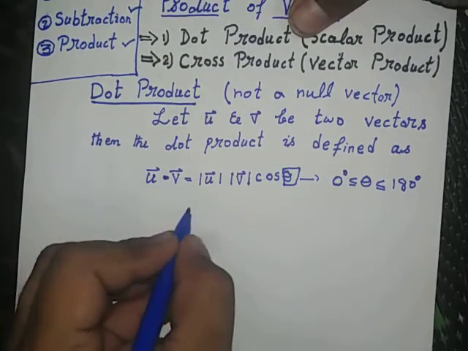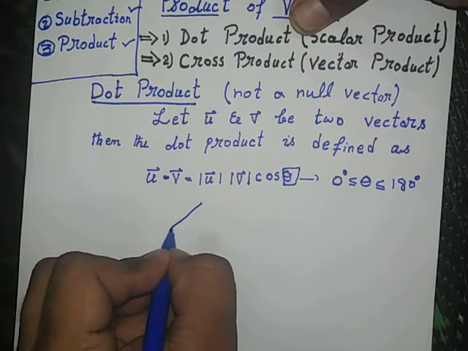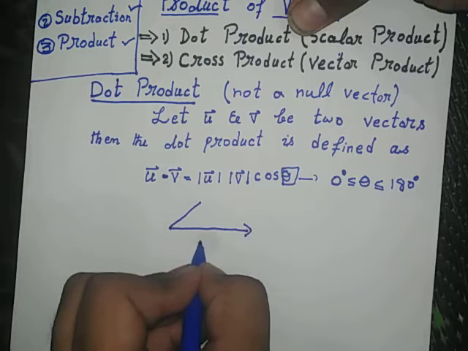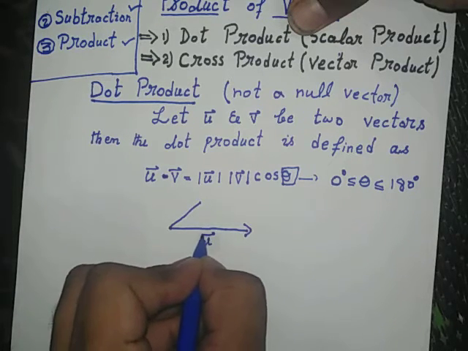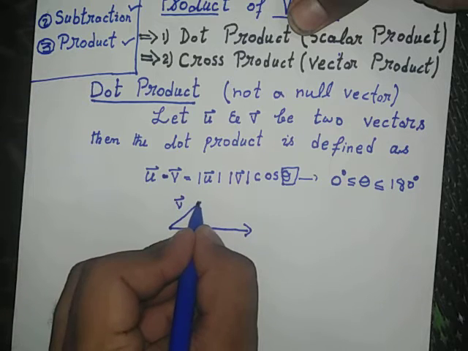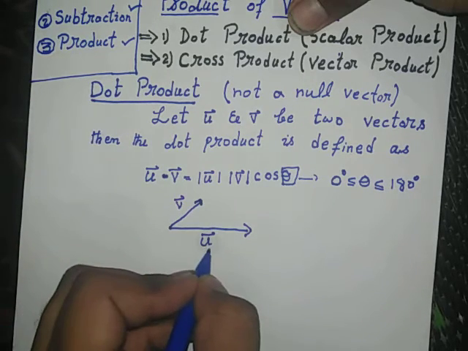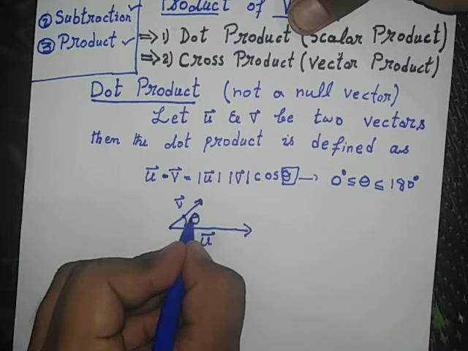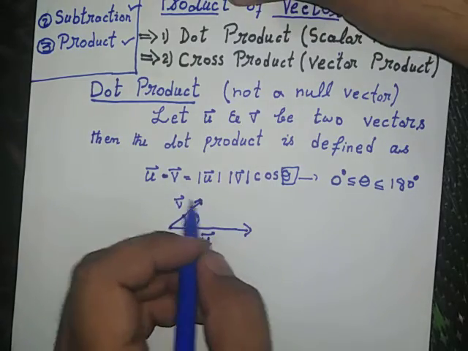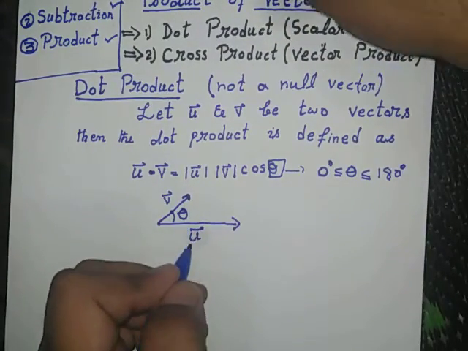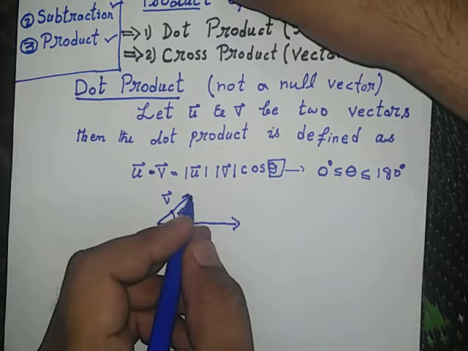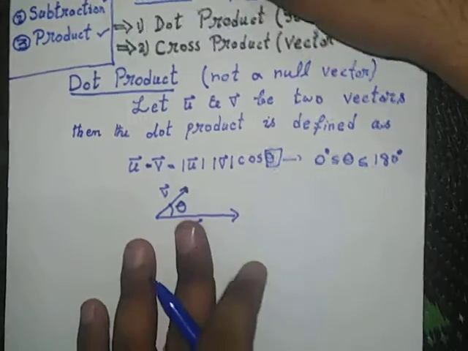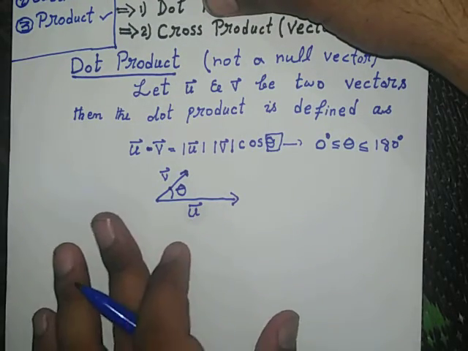So if we draw a geometrical representation, let us have two vectors. One is vector u and the other is vector v. Vectors u and v form an angle theta, which gives the cos theta. Why it is cos theta and not sin theta, we will see later.